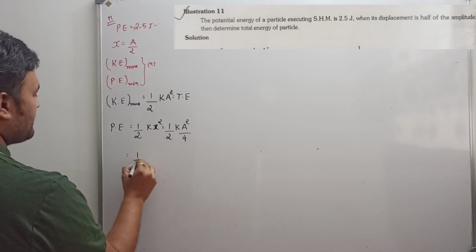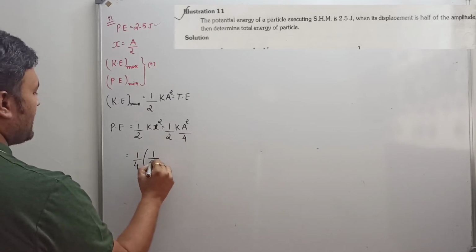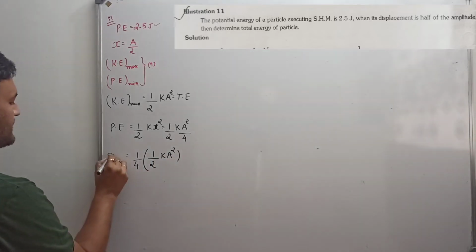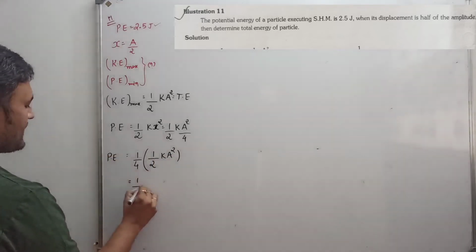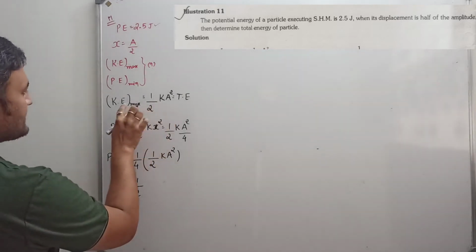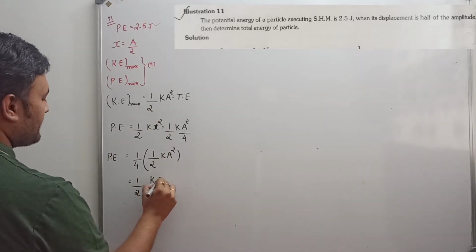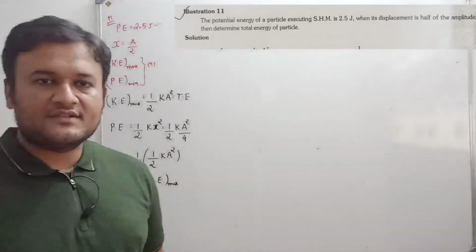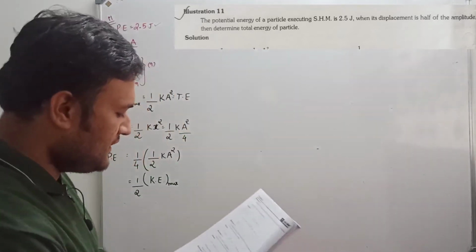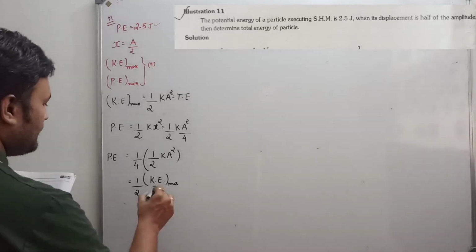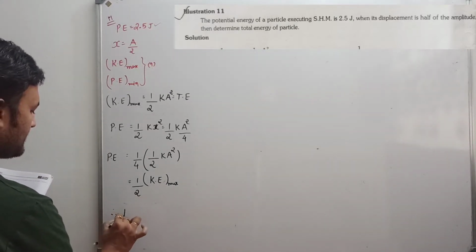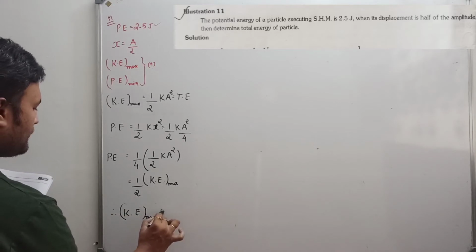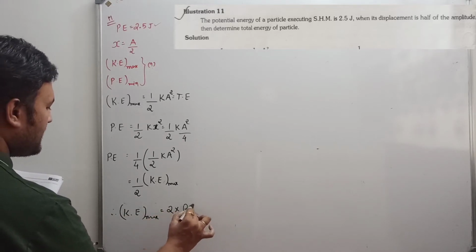So this one is 1 by 4 into 1/2 k a square. This is potential energy, and I can write 1/2 k a square is equal to KE maximum, the maximum value of kinetic energy. So KE maximum is equal to 4 into potential energy.